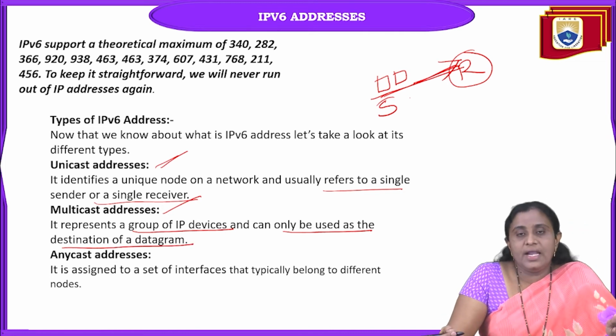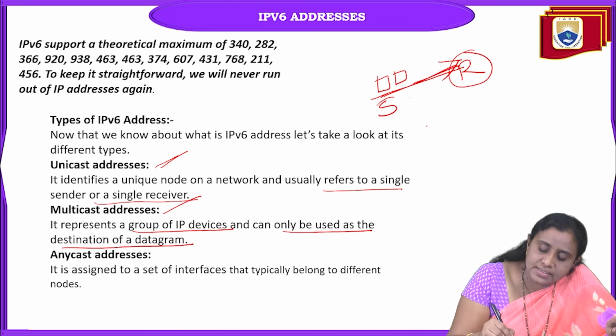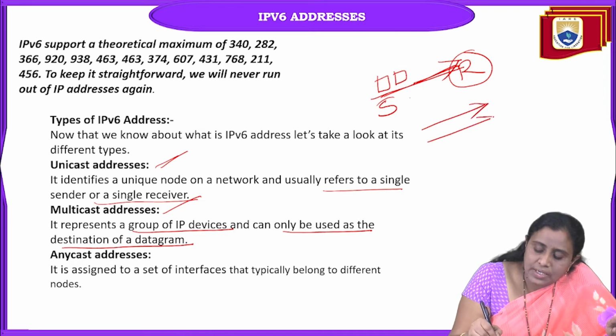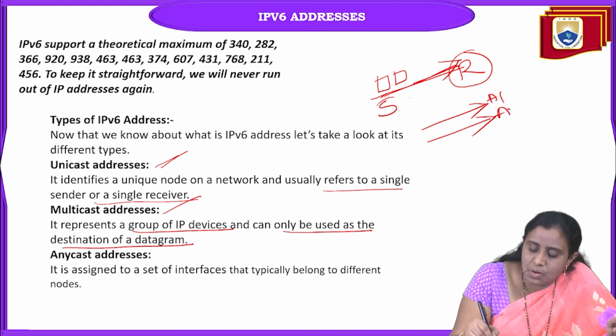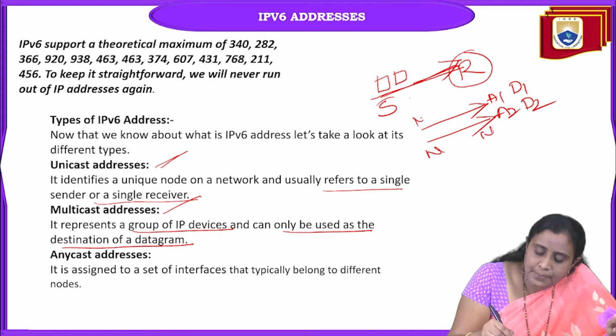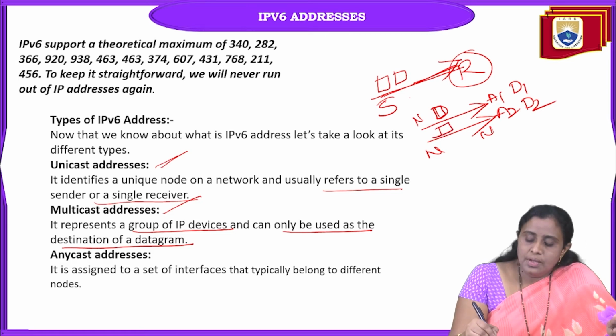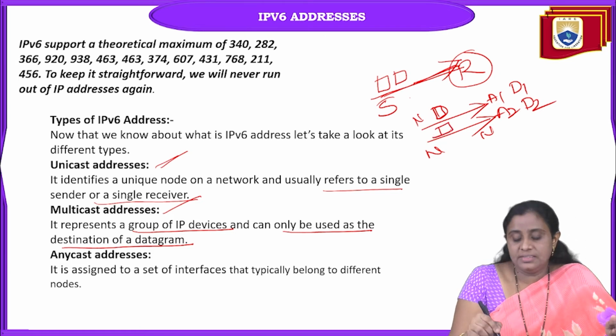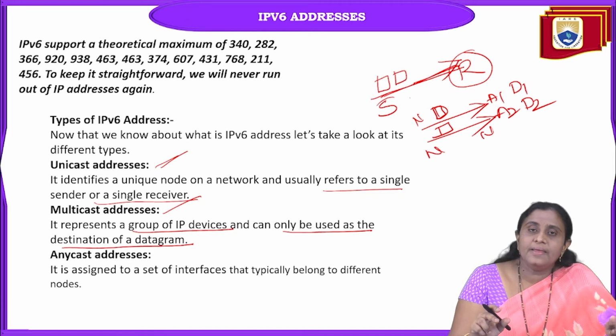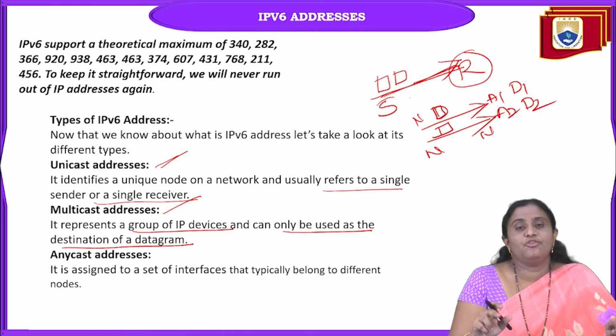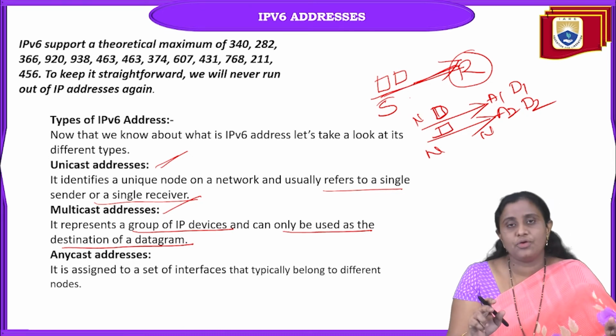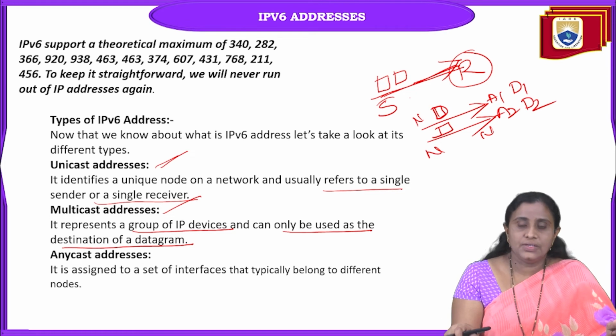As the destination of a datagram means these data packets consist of two types of addresses, whether it will be address 1, address 2 or destination 1, destination 2. Like that, a data packet can travel from one node to another node by means of multiple addresses. That means a data packet needs to select which path it can travel or be forwarded from one node to another node, or from one sender to another receiver.